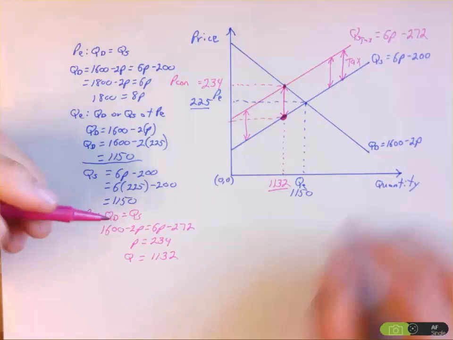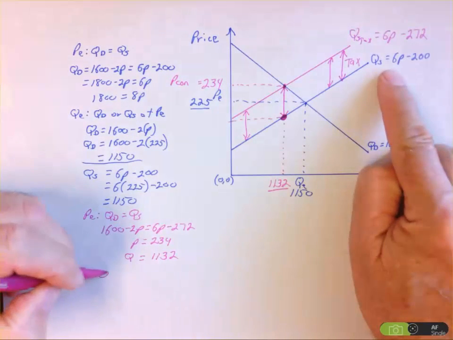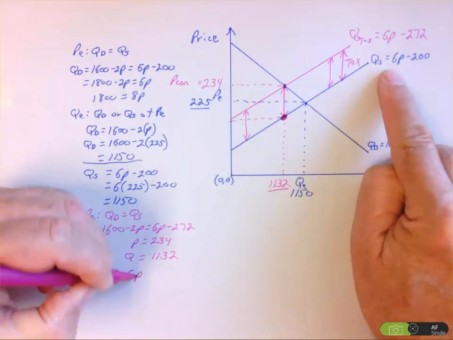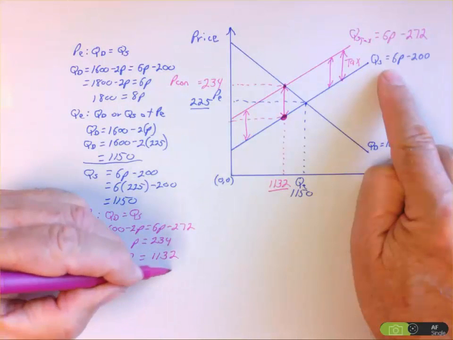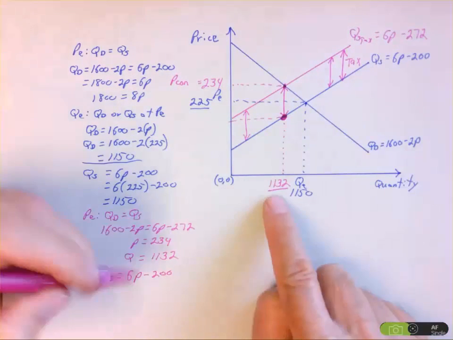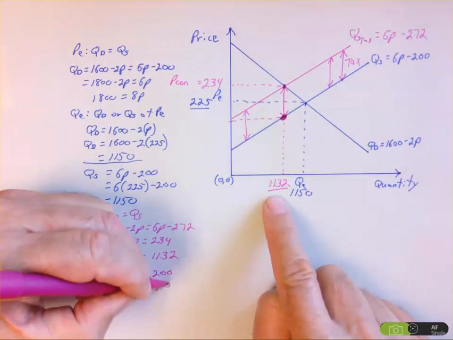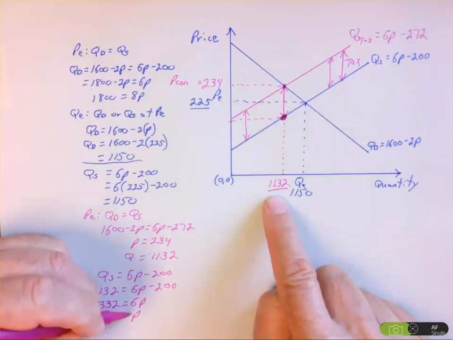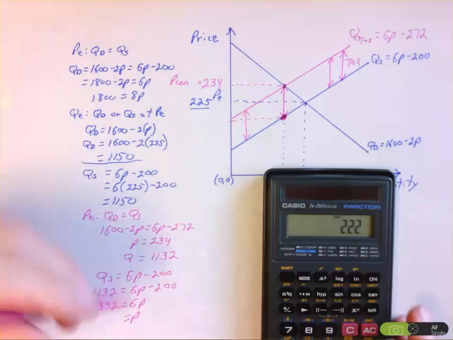Again, the way we do it is we take this equation, QS equals 6p minus 200, and we know the quantity supplied is 1132. I'm going to add 200 to both sides, which would give me 1,332, and then I'm going to divide through by 6. I get 222.